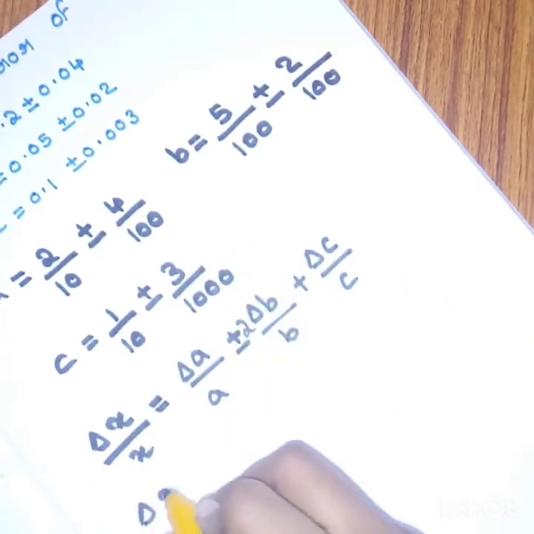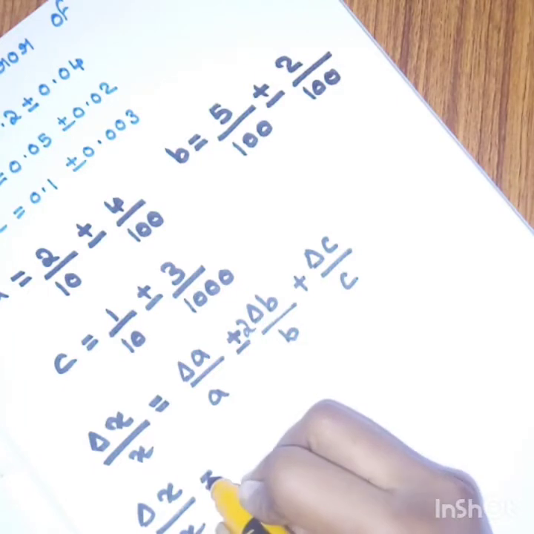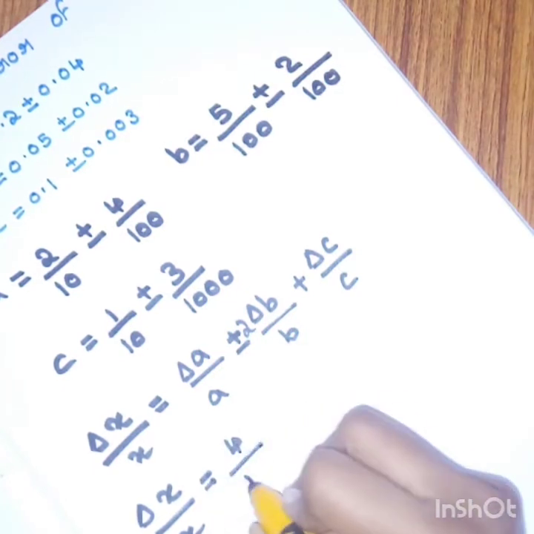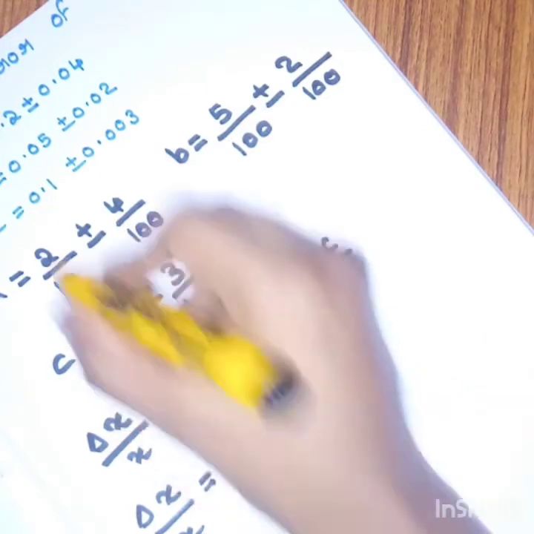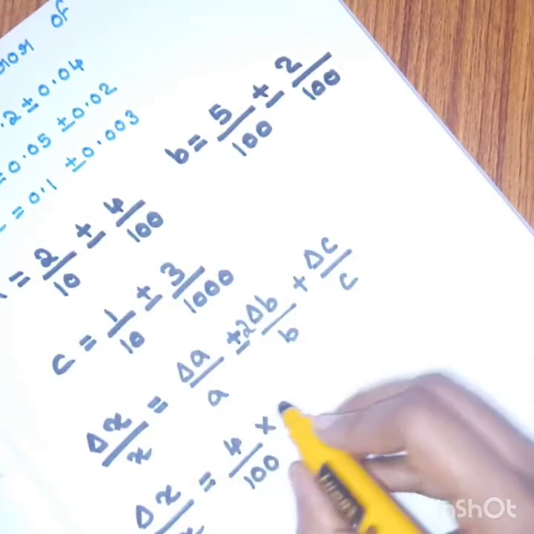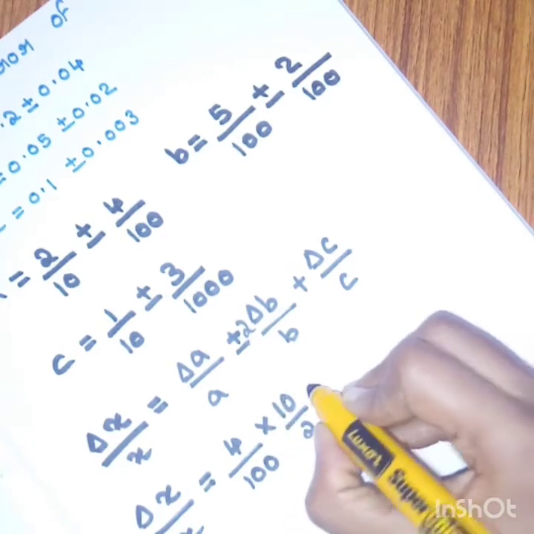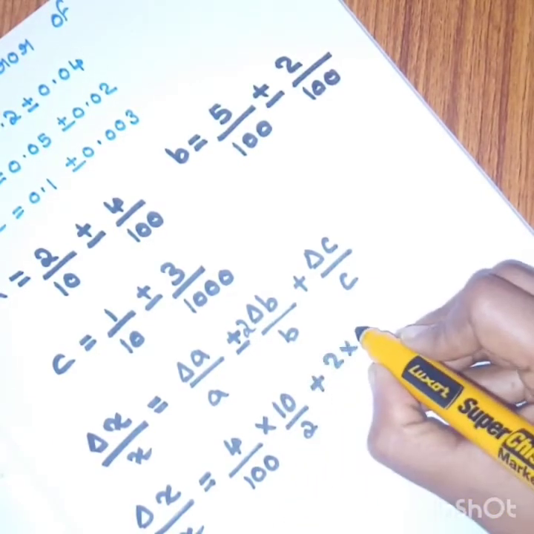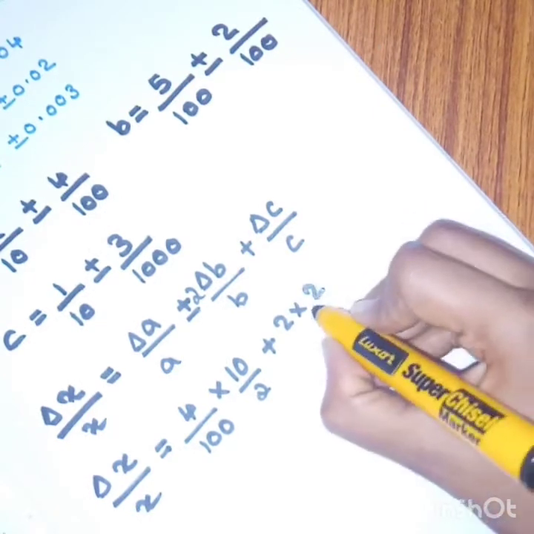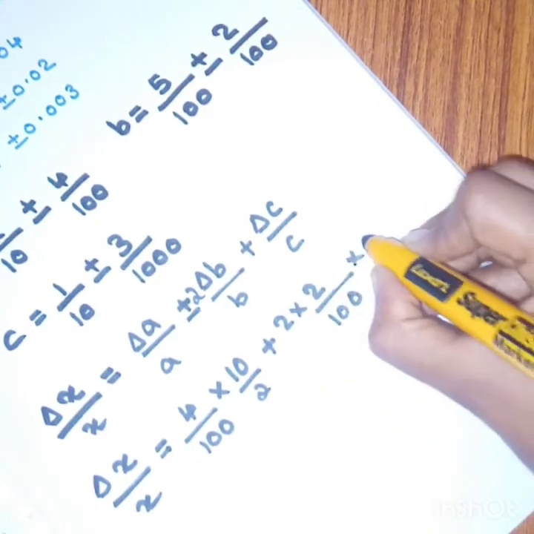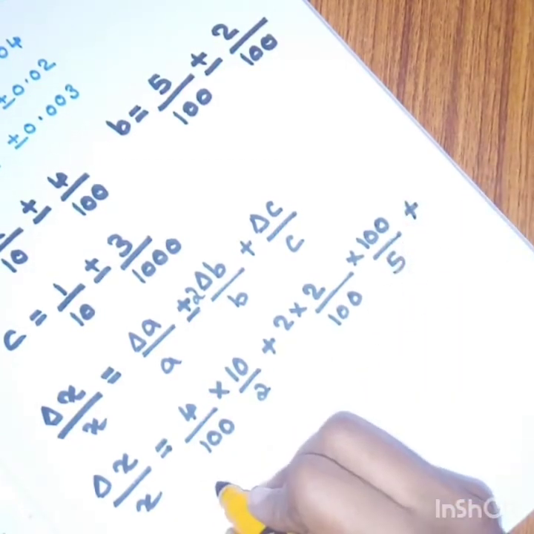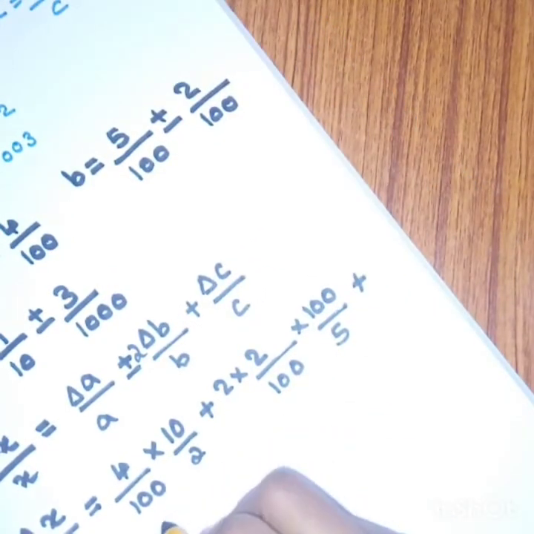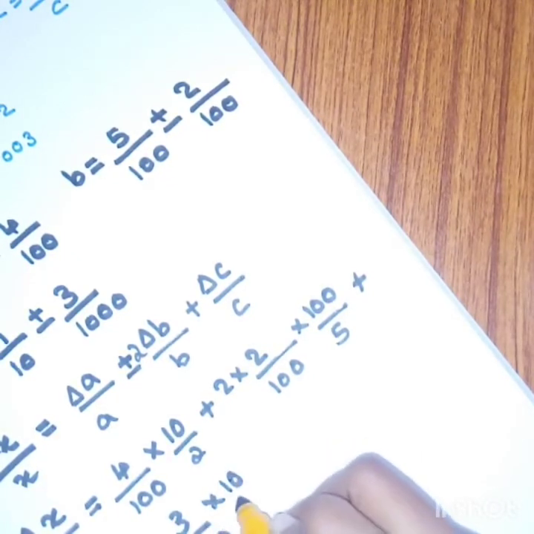That means delta x by x is equal to delta a is 4 by 100 into 1 by a, a is 2 by 10, then 1 by a is 10 by 2, plus 2 into delta b is 2 by 100 divided by 5 by 100, that means 100 by 5, plus delta c is 3 by 1000 into 10 by 1.